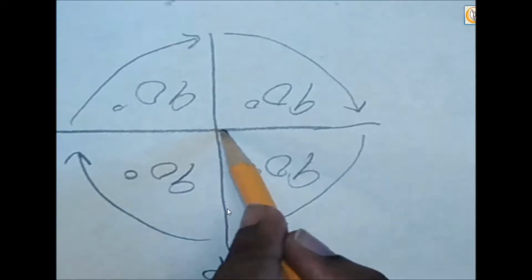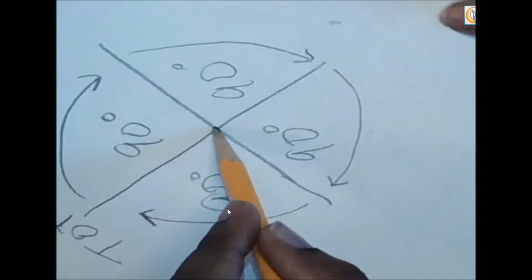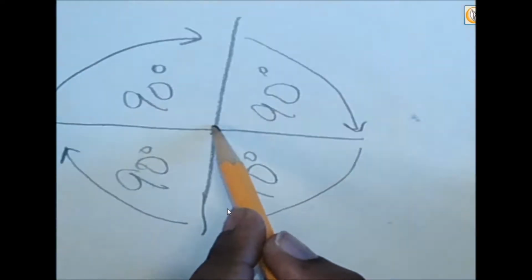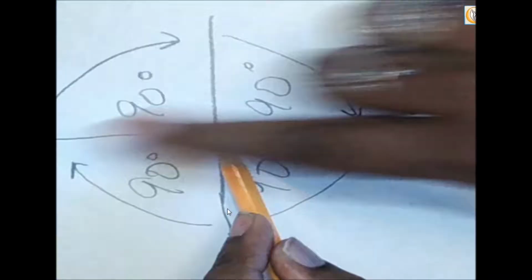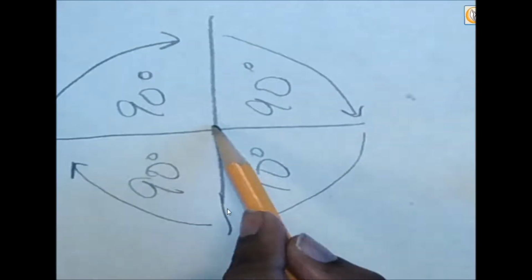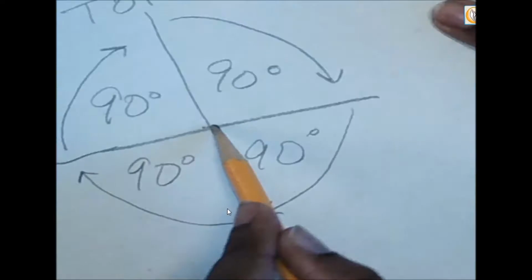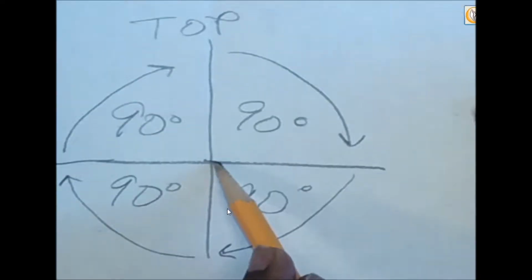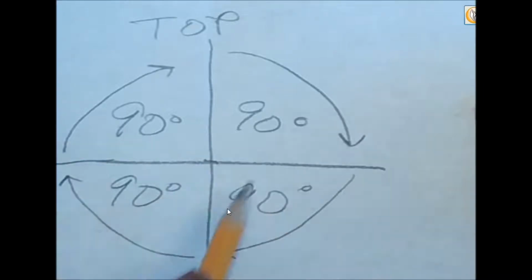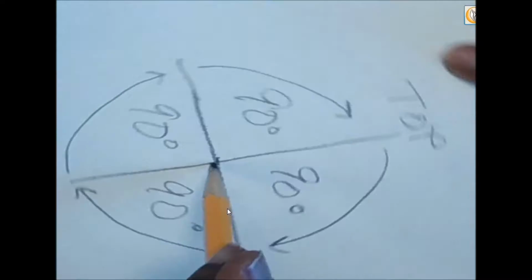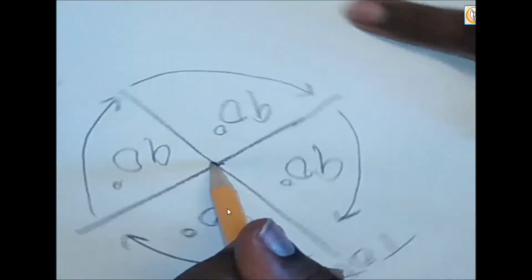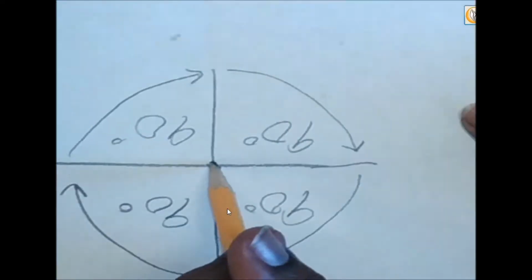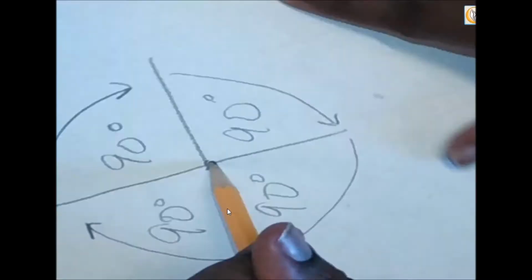If I turn another 90, that's 270 degrees, and top is now on the far left-hand side. And one more turn, for four turns, gets us back to where we were. That's 360 degrees. So, one turn, 90. Another turn, 180. Third turn, 270.